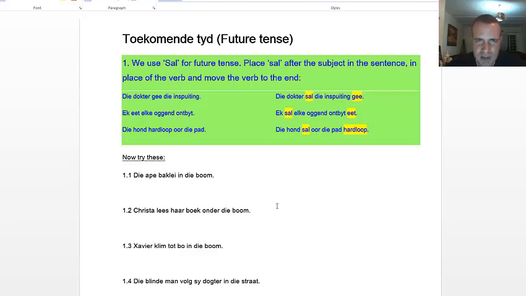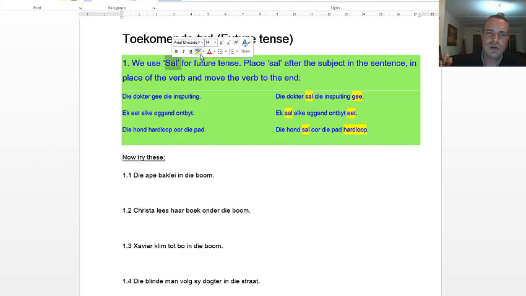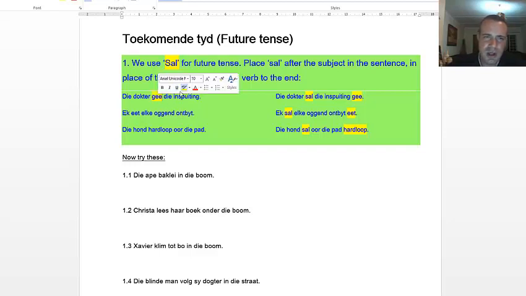For future tense, the first verb will always be sal. That sal then moves the original first verb, the verb that they give you there, to the end of the sentence. So you go from one verb to two verbs.